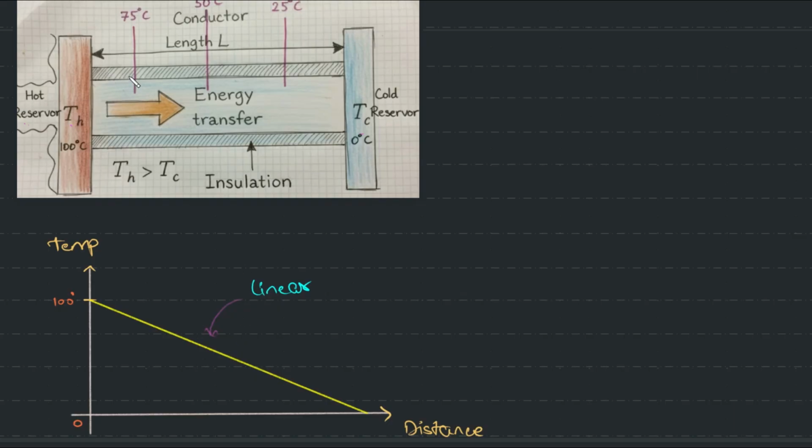So temperature reduces gradually. And one more thing that I would want to point out is, once you have this particular scenario, once you have steady state, post steady state, whatever heat enters the rod from one end, what do you think happens?